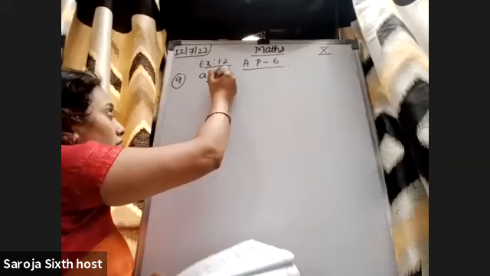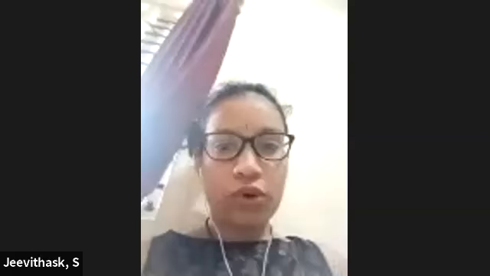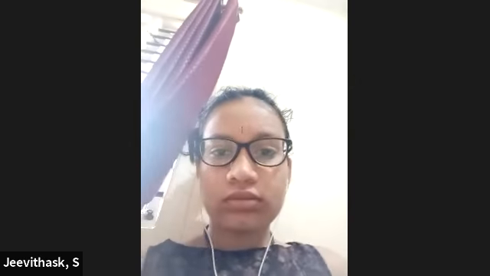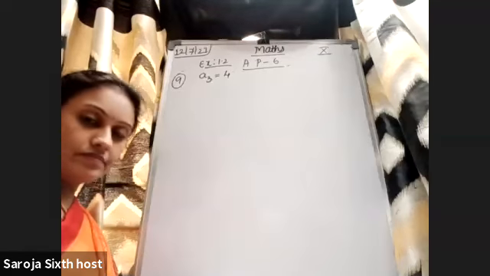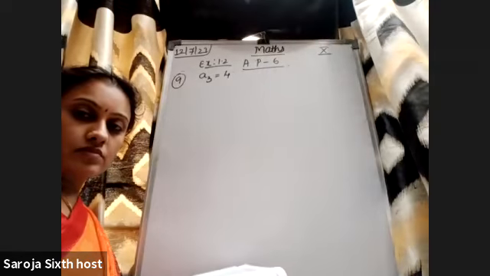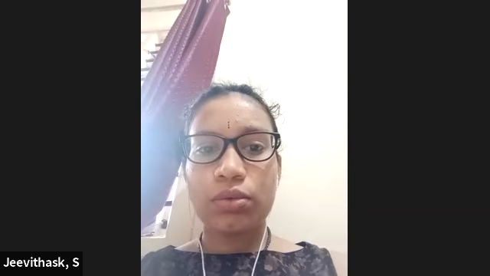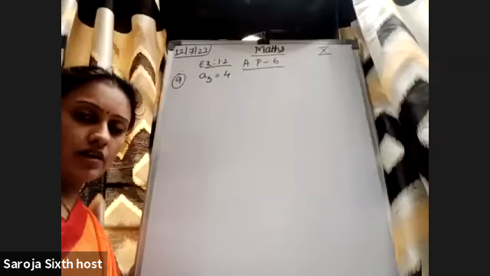The third term can be written as a3 is 4. How can we write a3 in the general form? a3 is equal to a plus 2d. Prajwal, what did they tell? a2 is equal to a plus 3d.